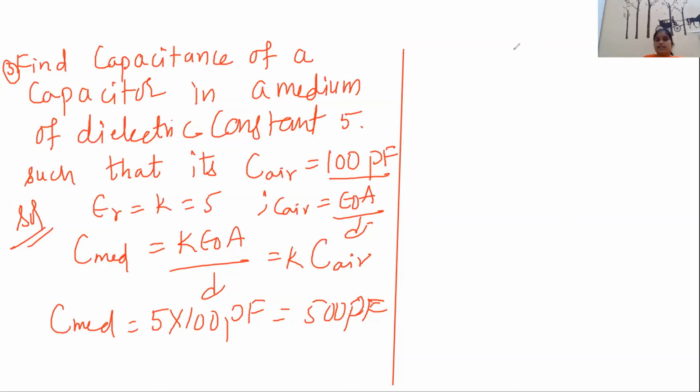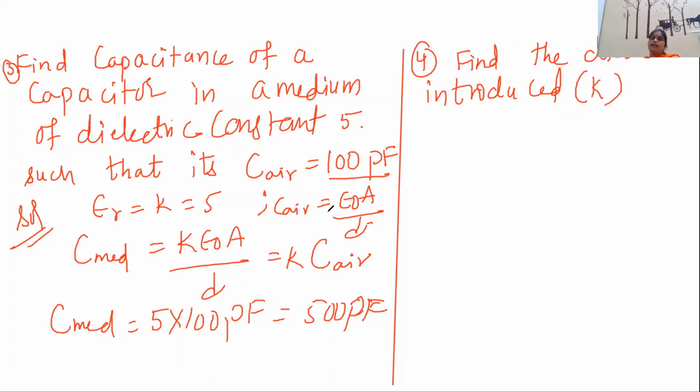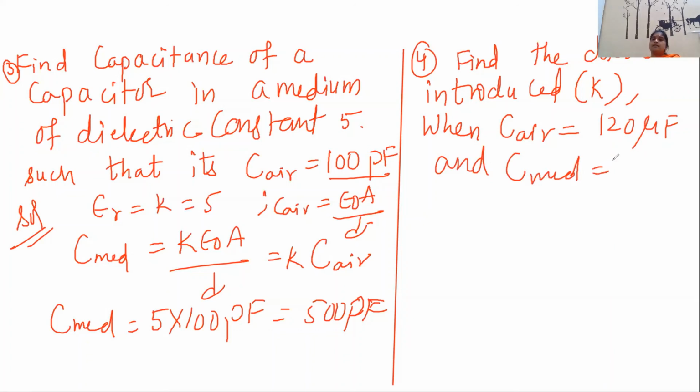So this is one model. Second, in some entrance exams they also ask to find the dielectric introduced. The dielectric is K. So find the dielectric introduced when the capacitance in air is, let us suppose, 120 microfarad, and the capacitance in the medium is some value.